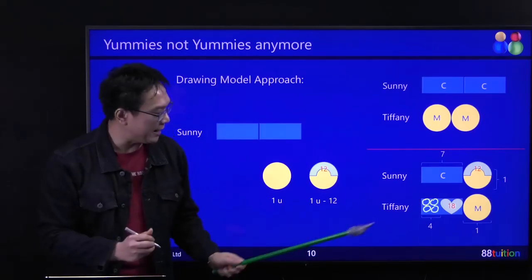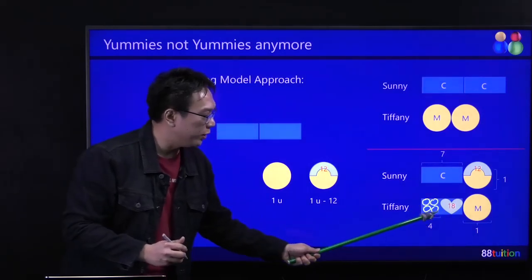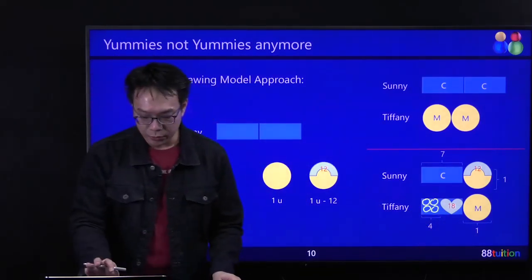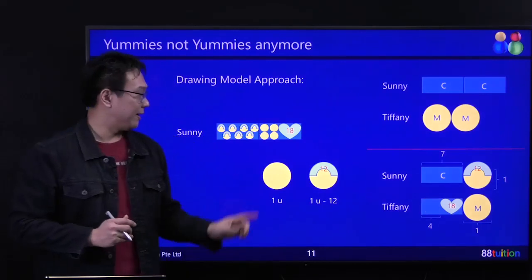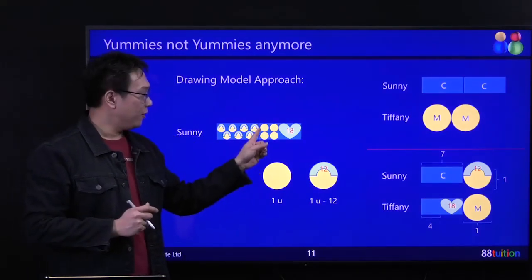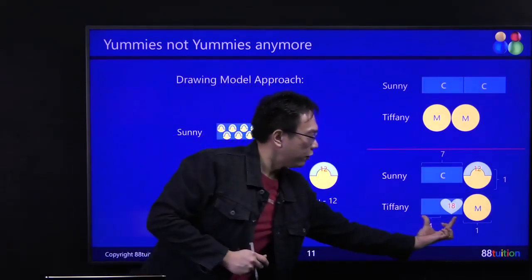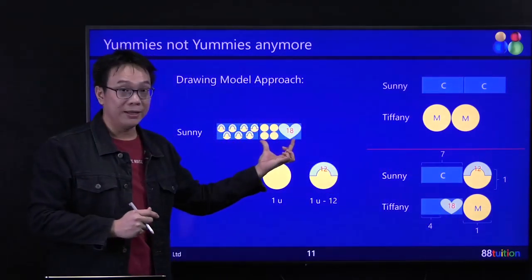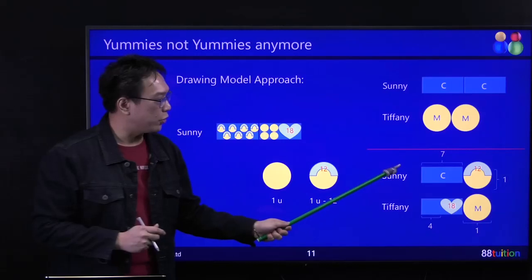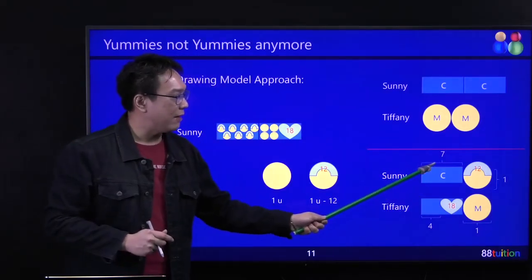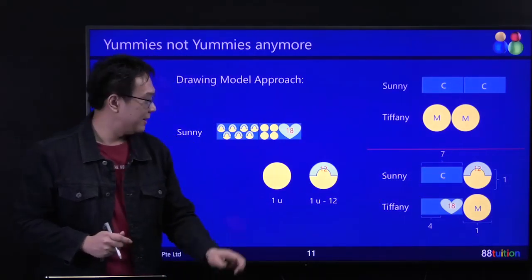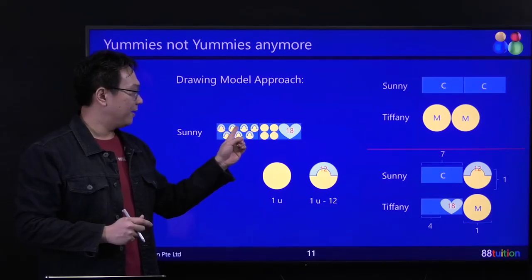This entire thing you must return back to Sunny. You will have something like this. The 4 circular units and the heart shape of 18 return back from Tiffany to Sunny. And this portion I did say is 7 what? 7 Pokeballs inside.